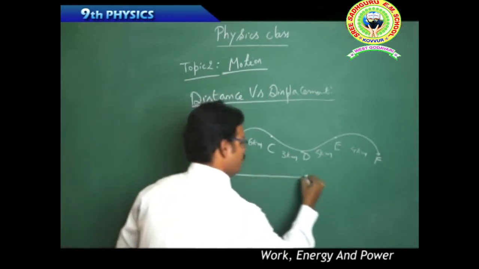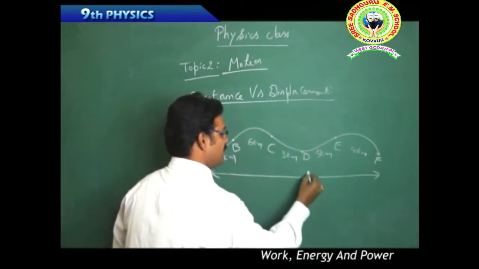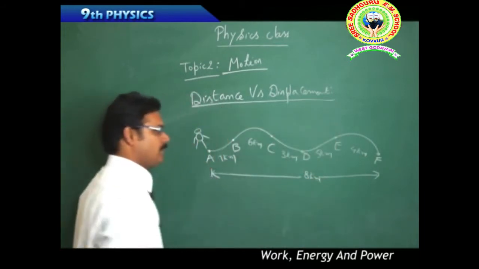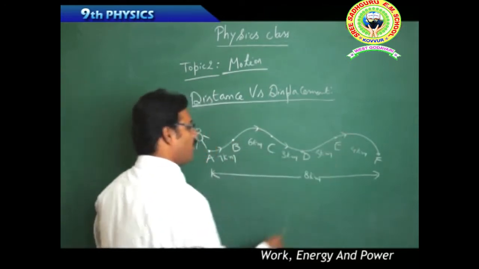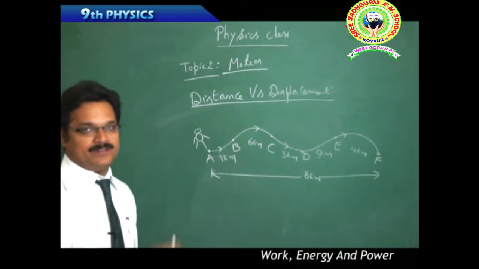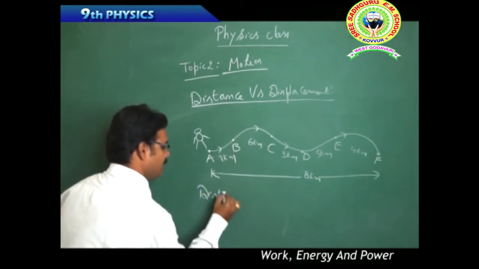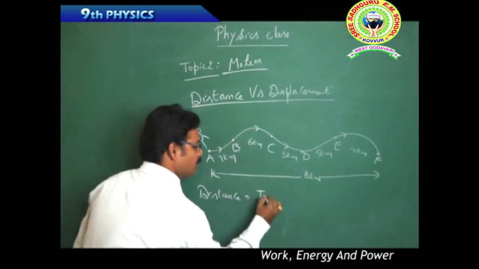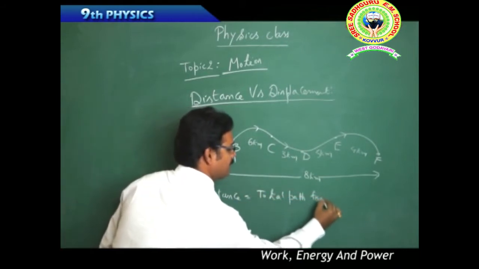But if the person goes from A to F directly, the distance is 8 km. Okay, now if I ask what is the distance he traveled, according to physics, distance is the total path traveled.